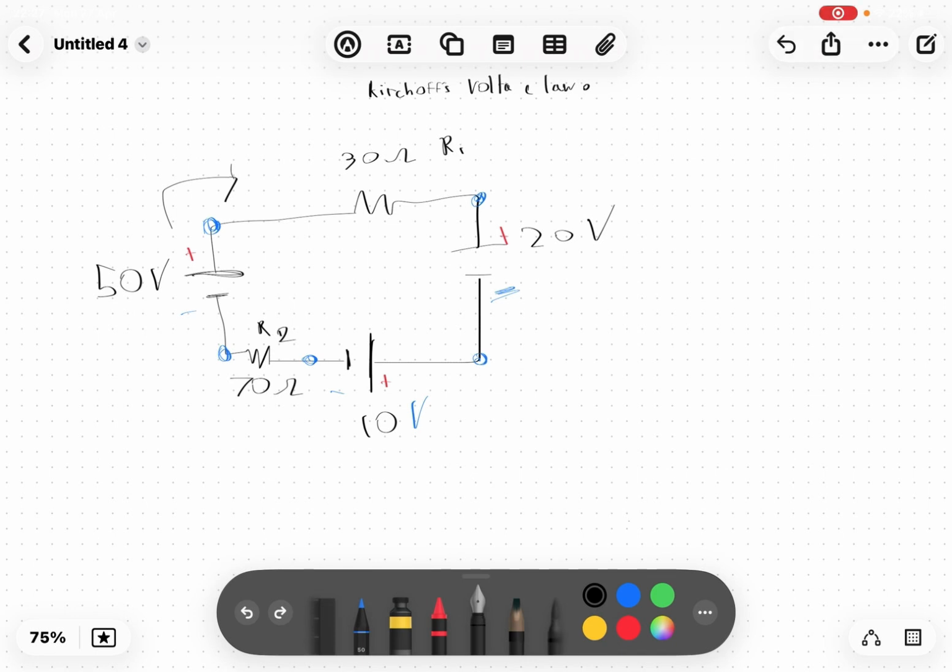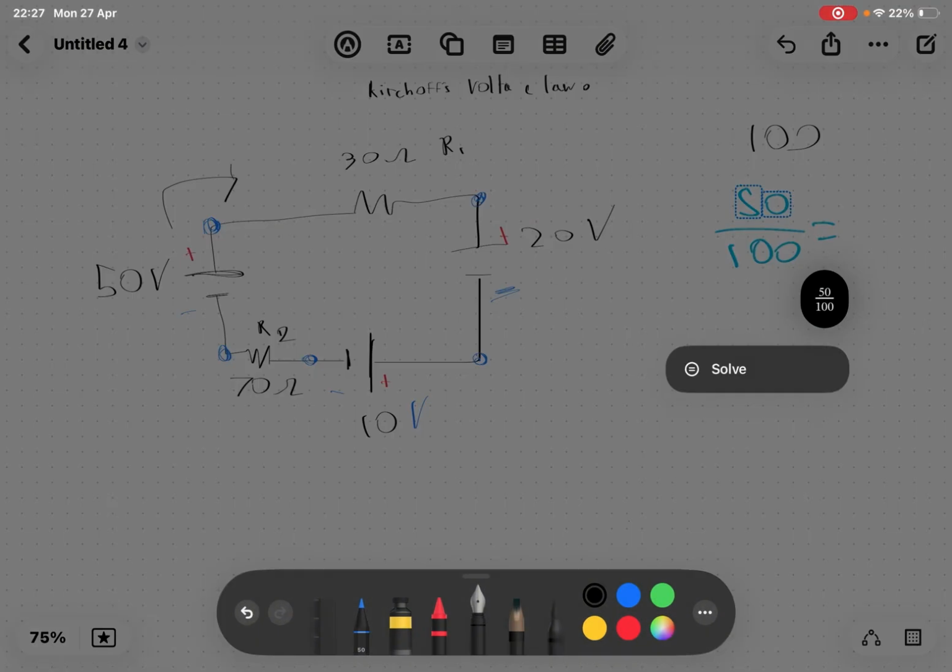So let's go, let's work out the current first of all. So 100 ohms, these 2 resistors added, and then we divide it by the batteries, and that will be 80 divided by 100 equals... So 50, 100.